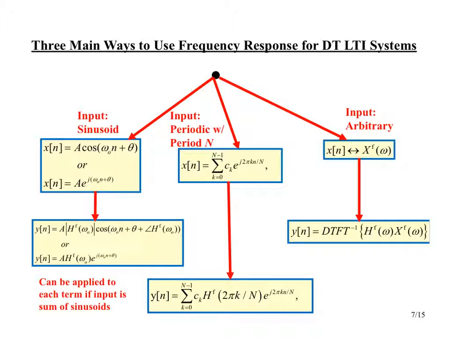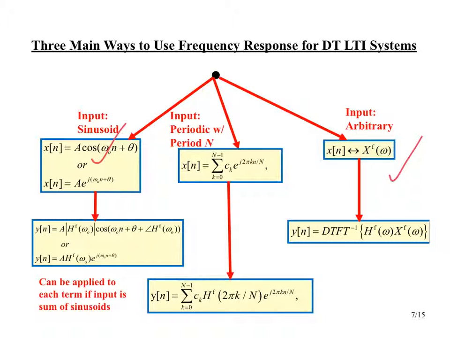And so this just summarizes three ways that we can use the frequency response. We didn't really talk about the middle way here, but it's just like using frequency response for a Fourier series for a continuous time. But we did talk about this result, and we did talk about this result.